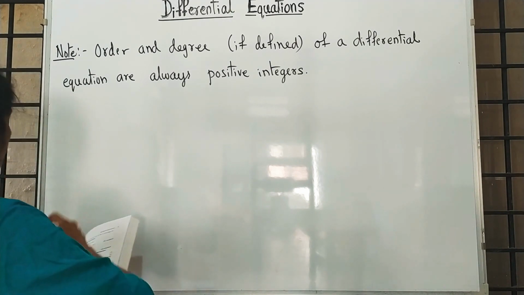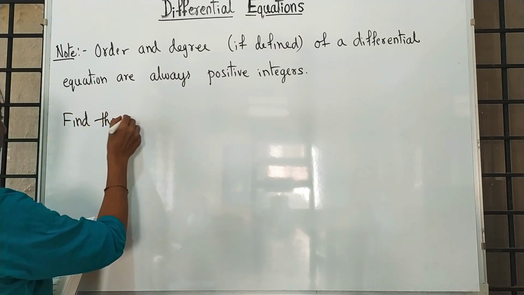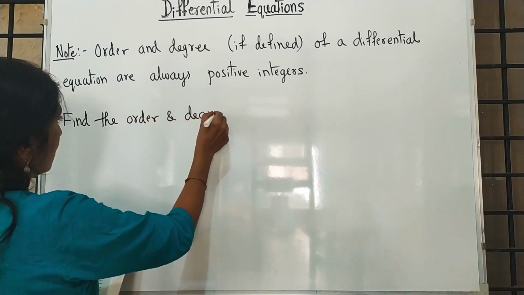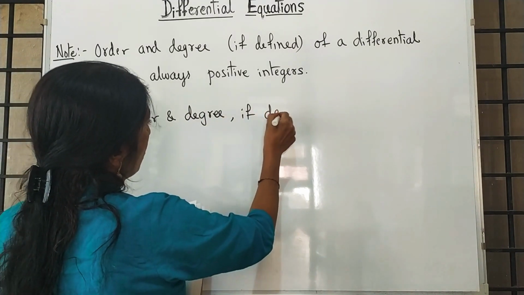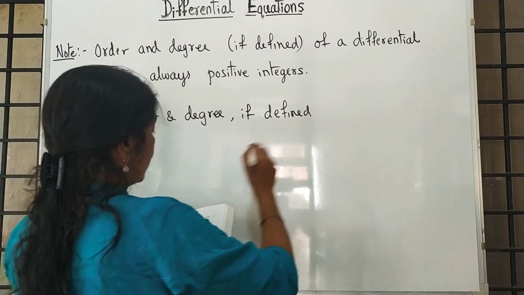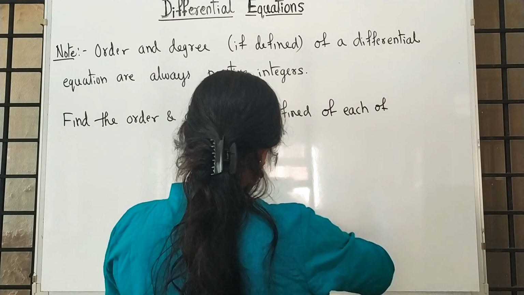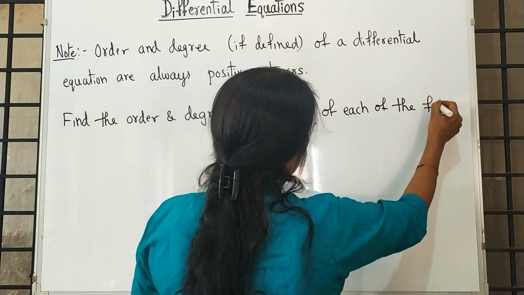Find the order and degree, if defined. Sometimes they are not defined, as I told you. Find the order and degree, if defined, of each of the following differential equations.